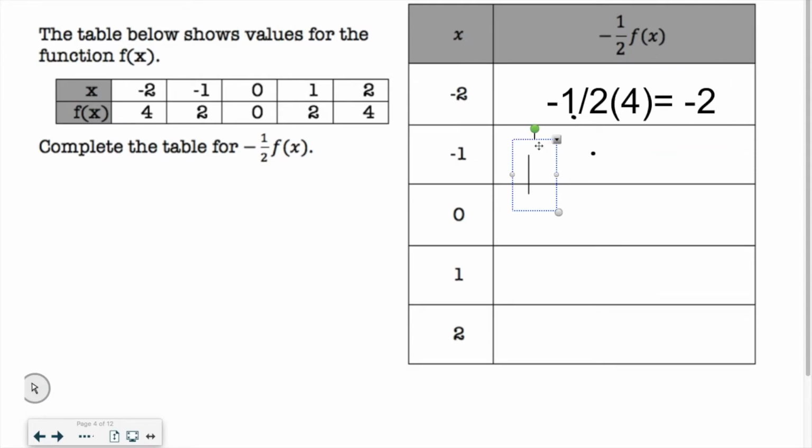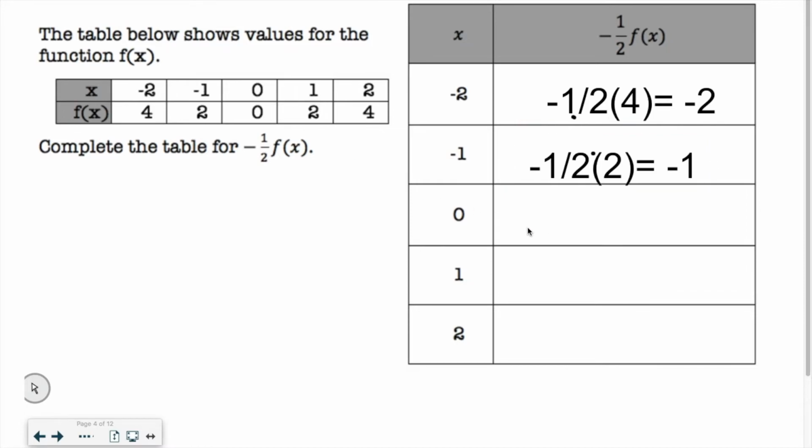Then for this one, when x equals negative 1, y is going to equal 2. So again, we take our negative 1/2, we times it by 2 this time, and negative 1/2 times 2 is negative 1. And then we look for 0. Well, when x is 0, y is 0.